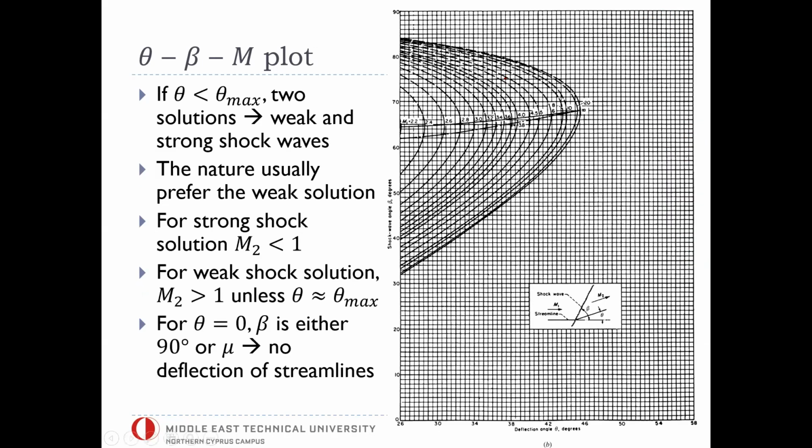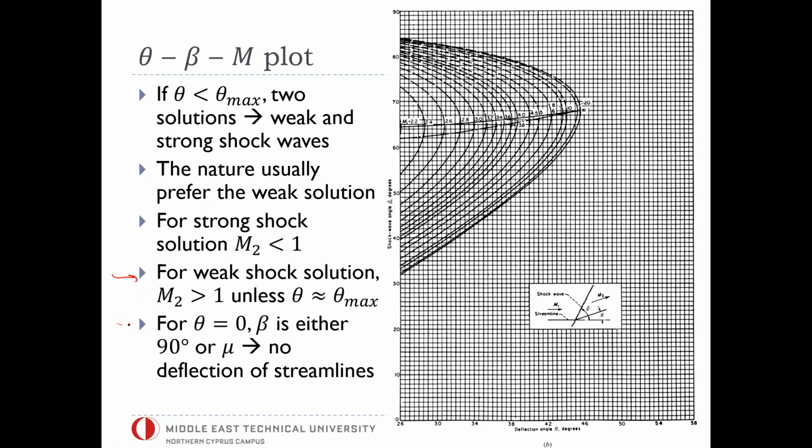So this is the other part of the graph, and we talked about weak and strong shock waves, and mostly we observe weak shock waves. For the weak shock solution, this is another thing maybe we need to discuss, the last 2 points.